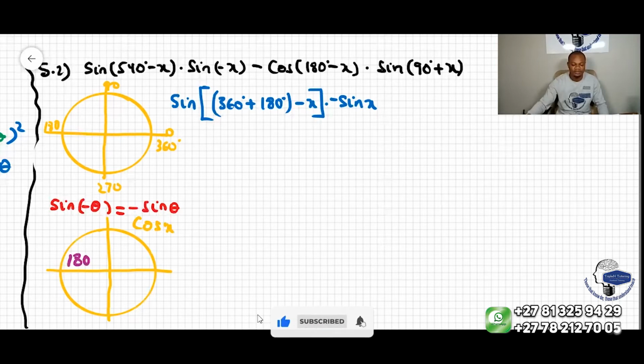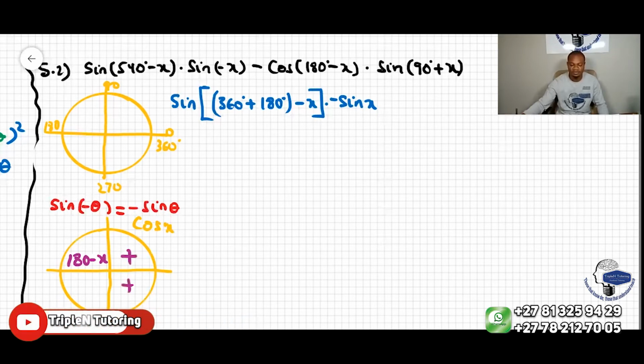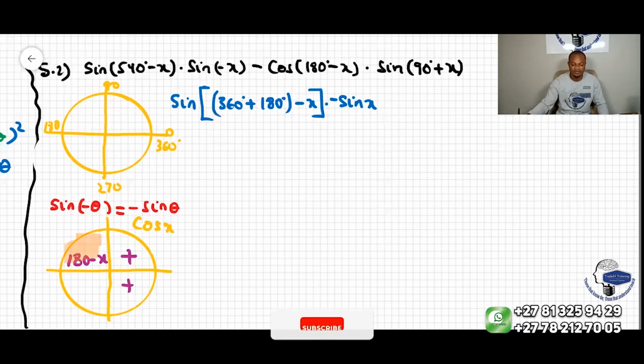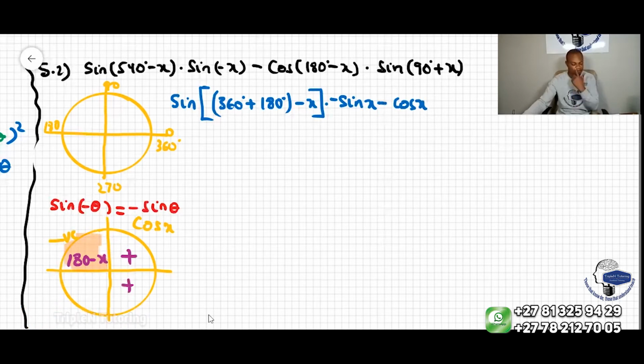Cos is positive in the first and fourth quadrants, so here in the second quadrant, cos is negative. So I'm going to write minus cos x if I can reduce it.